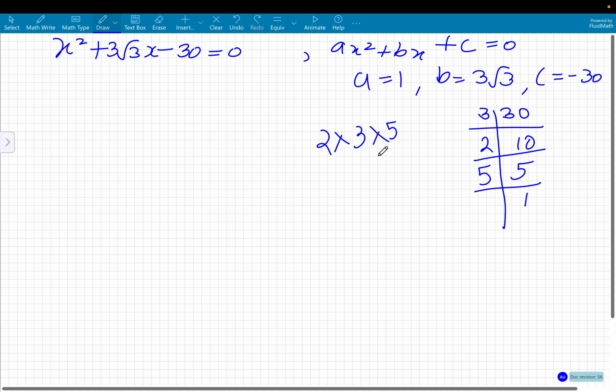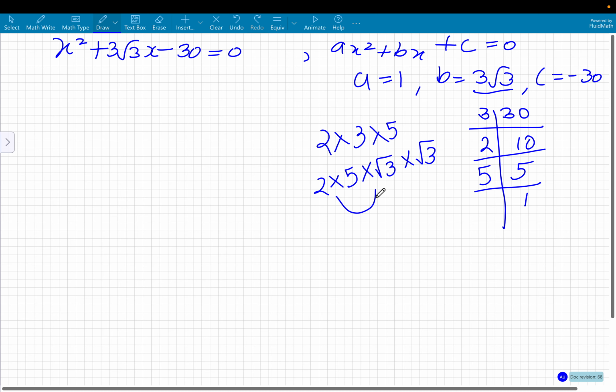Now we need to find two numbers from these prime factors whose addition should be 3 root 3. So first of all, we will rewrite this as 2 multiplied by 5 multiplied by root 3 multiplied by root 3.